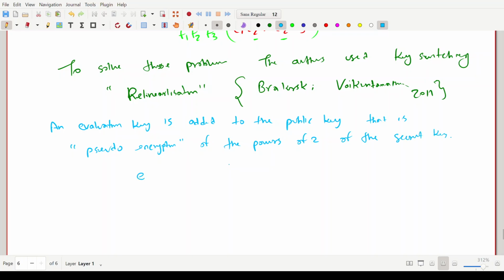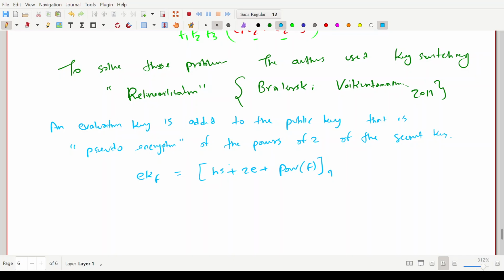What is the evaluation key of F? It will be HS plus 2E plus power of F multiplied by F. So this is your evaluation key, and this S and E are the newly sampled ones.